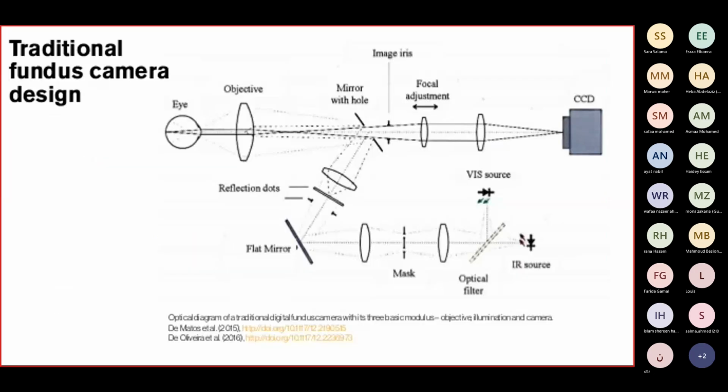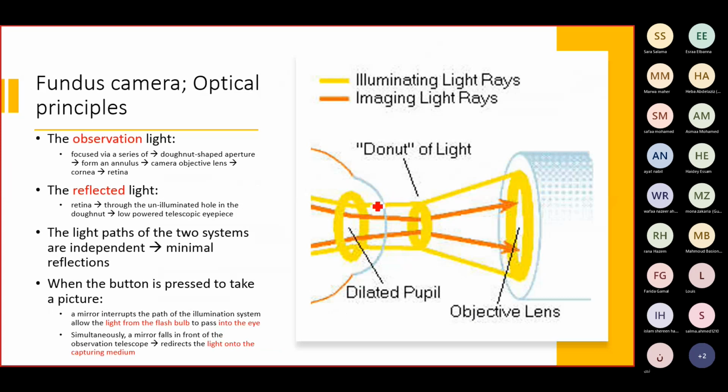So there is one that I use to adjust the image, for example this yellow one. This is called the illumination arm, and then there is the imaging light that goes through this donut of illumination to the patient's eye to illuminate it, and then the light is reflected and captured by the camera.